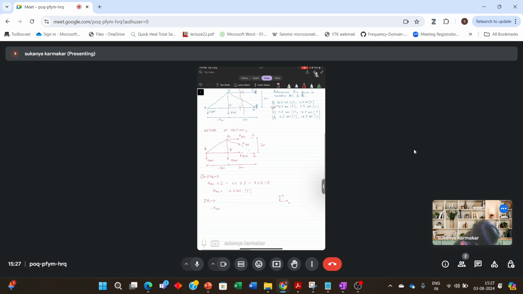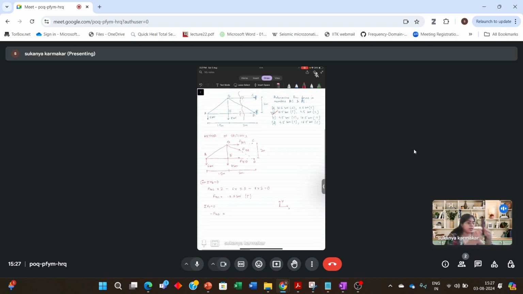FBD, you're taking the FBD is like this, you're taking its component, so that will be negative into, this angle is theta, so cos of theta, minus 6 minus 8 is equal to 0.